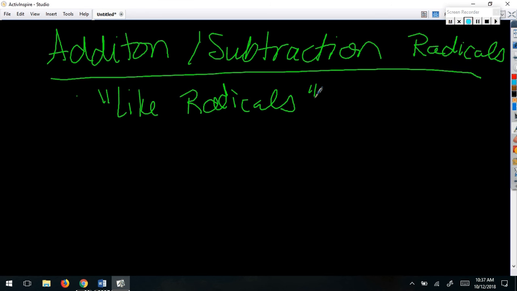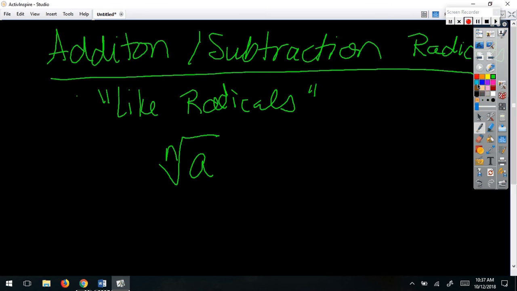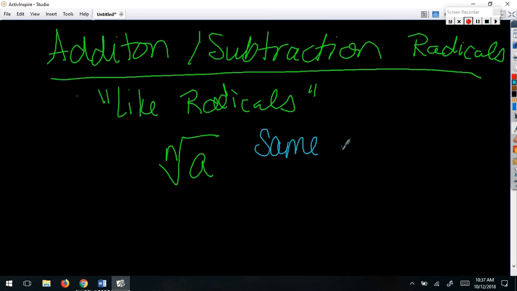So what that means is when I've got this nth root of a, okay, like radicals have the same root, which is n. So the same n and the same a, okay? That's what a like radical is. Now you can have any number you want that sits out front here.